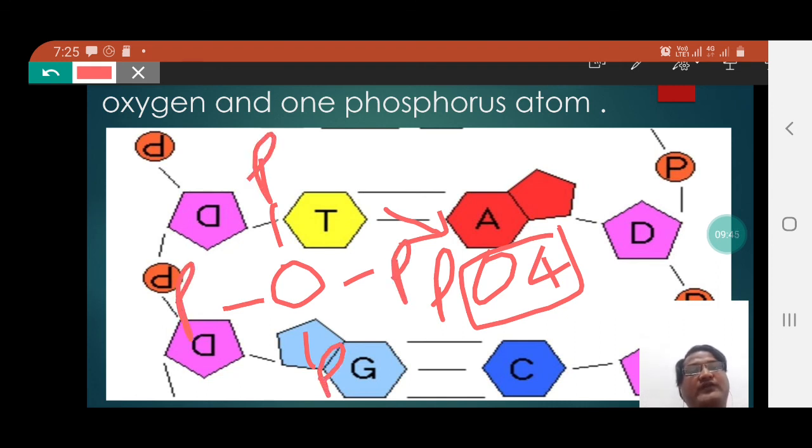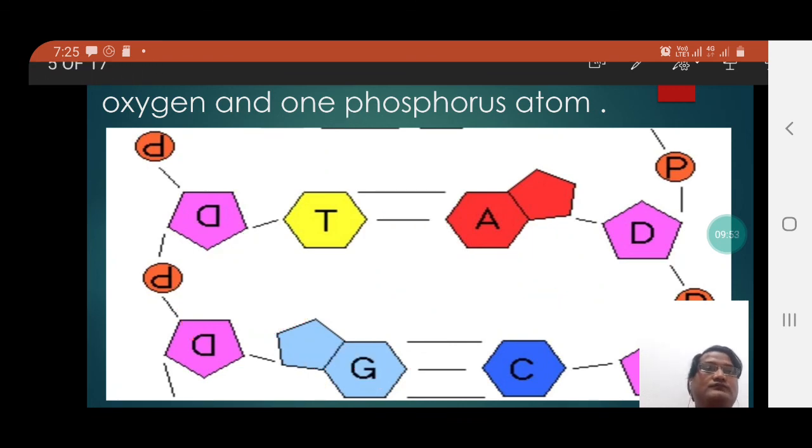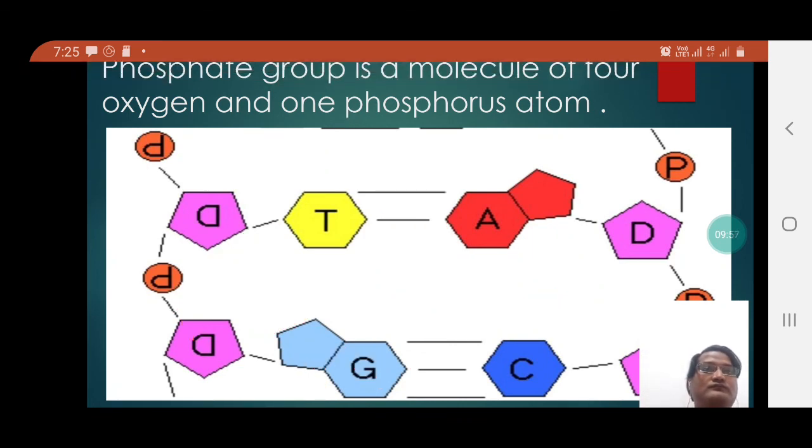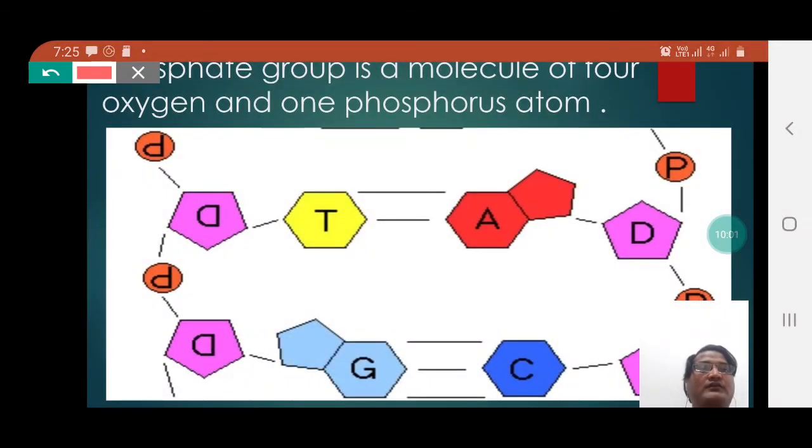So students, here we can notice the 4 oxygen atoms and 1 phosphorus atom in the center. So students, it becomes very clear that the molecule of phosphate contains 4 oxygen and 1 phosphorus atom.